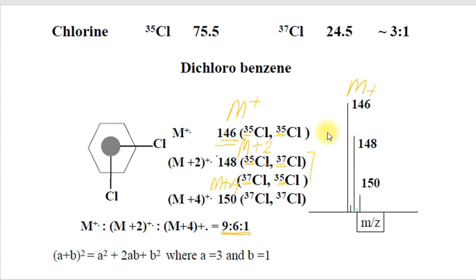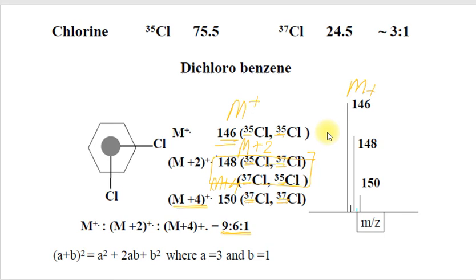It's almost the same, so these two will give you the M plus 2 peak. Then you also have the probability of chlorine 37 and chlorine 37, which gives you the M plus 4 peak.